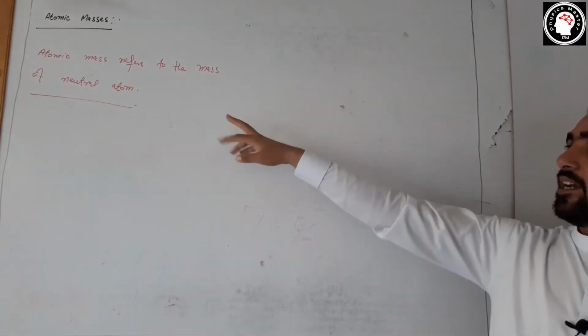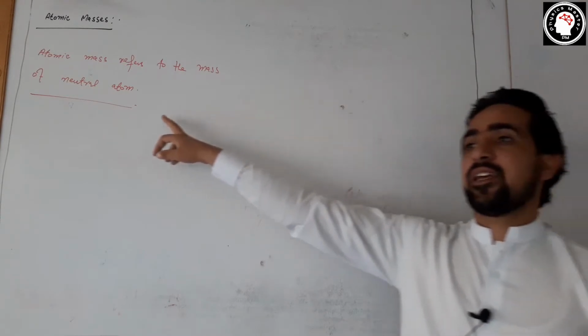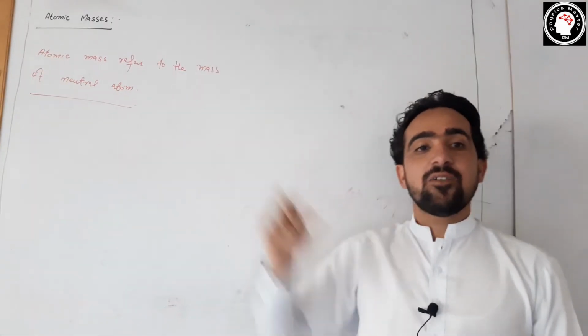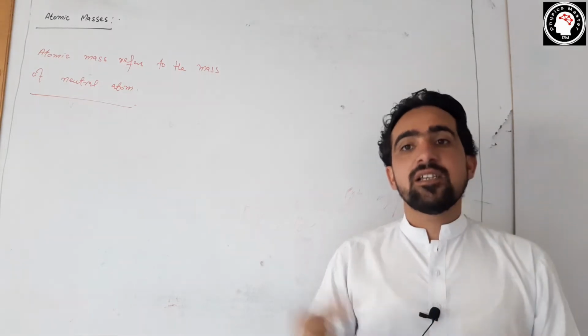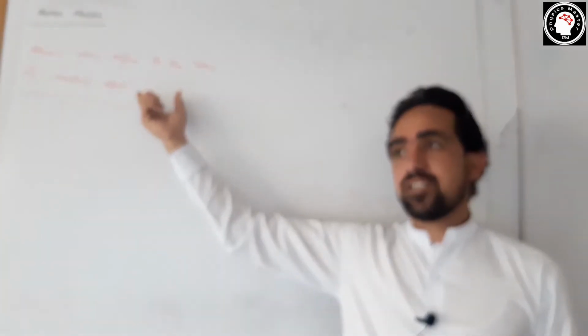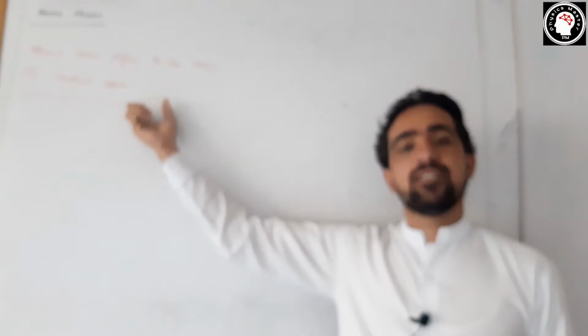It means that an atomic mass is actually the sum of the mass of its neutrons plus the sum of the mass of its protons plus electrons.